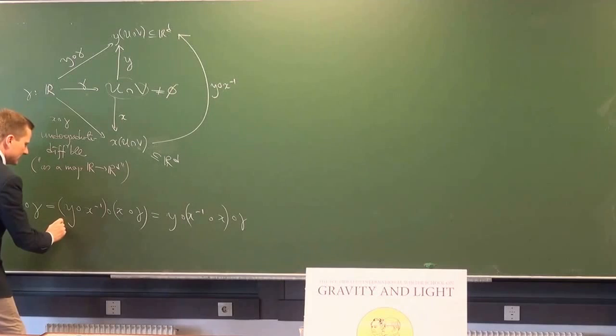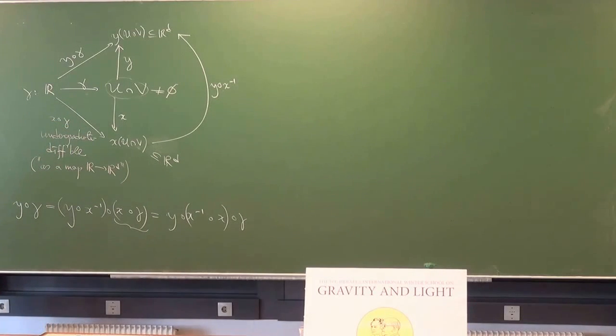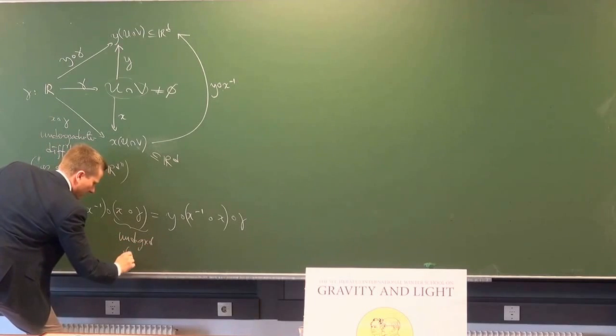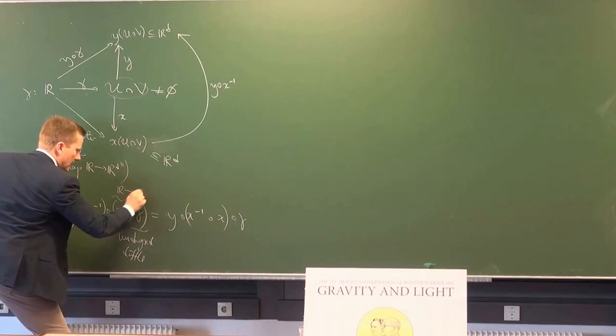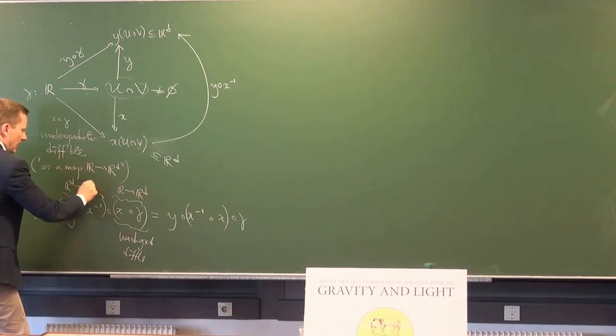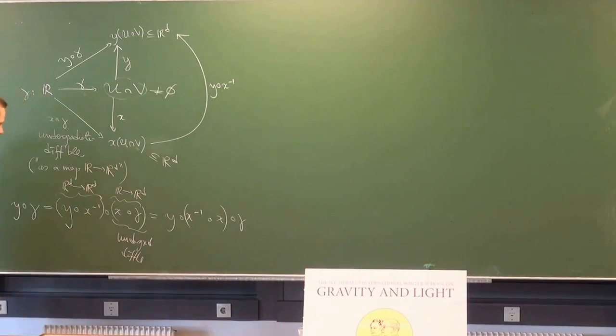But the point here is this guy here, you know, is undergraduate differentiable, undergrad diffable. And in fact, it's really a map from R to R^D. This guy is a map from R^D to R^D, right? From some portion of R^D to some portion of R^D.